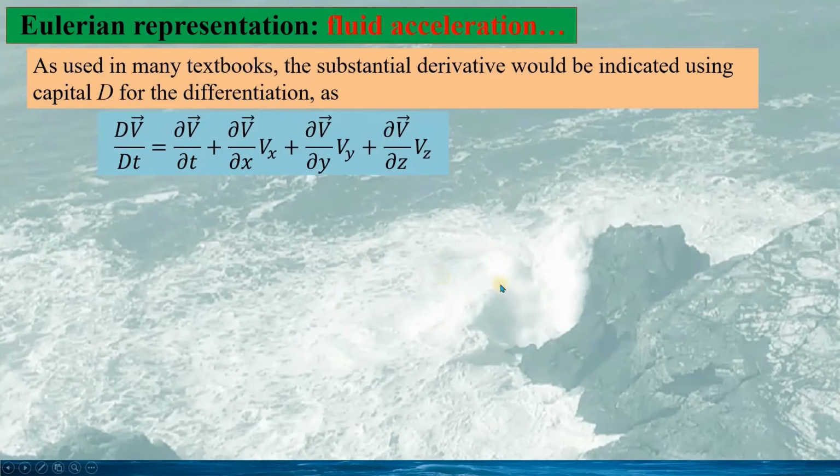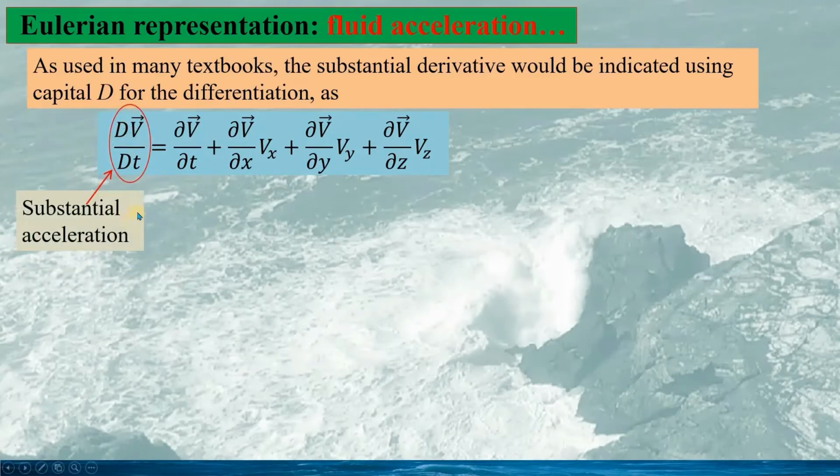As used in many textbooks, the substantial derivative is indicated using a capital D for the differentiation. Thus, it would be written as capital Dv vector divided by capital Dt. So this will be given as this, the substantial acceleration.